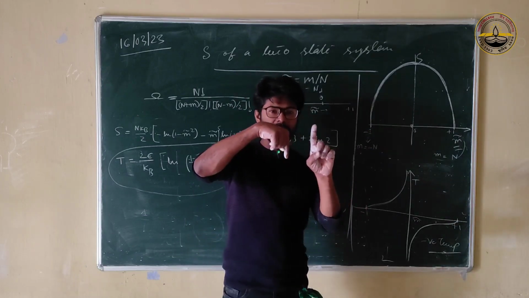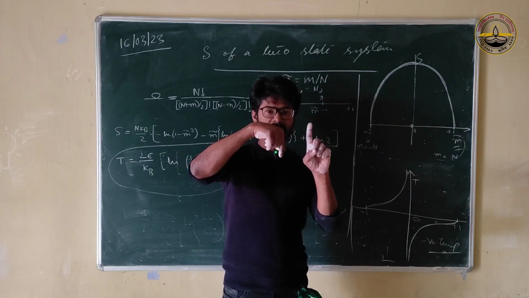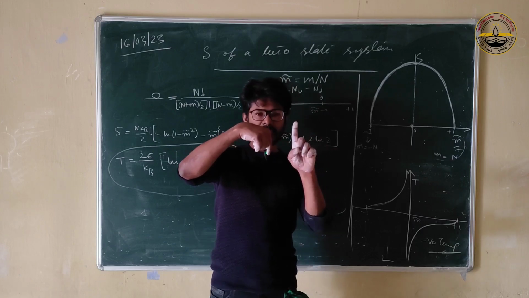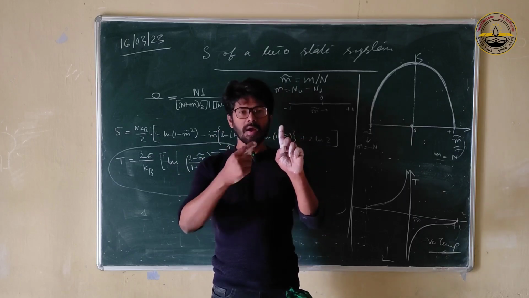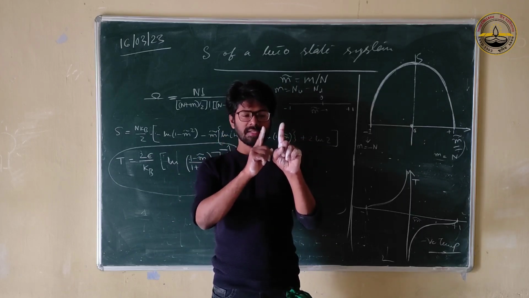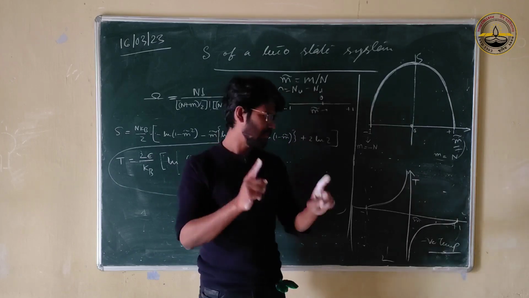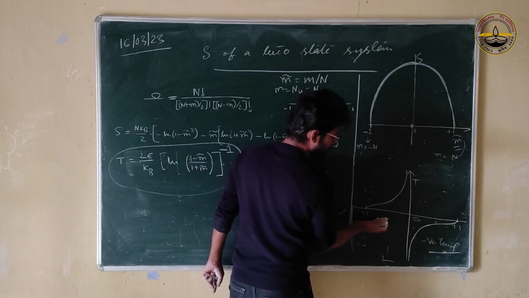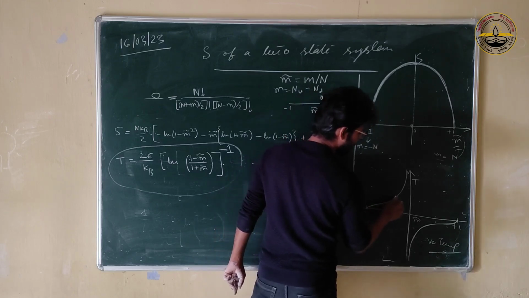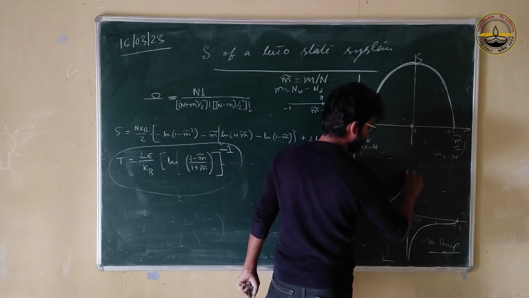Now it's anti-parallel and the system starts, let's say, losing energy, so it's reducing in energy, and some of them start flipping up and get aligned to the magnetic field. And that means your m tilde is going from -1 towards 0. And this means there is an increase in temperature.